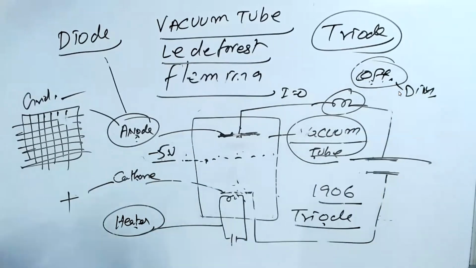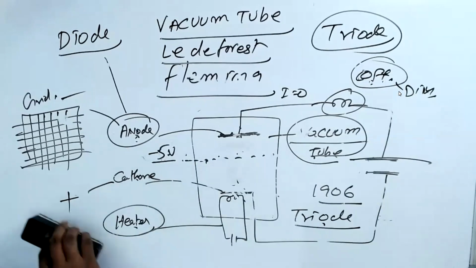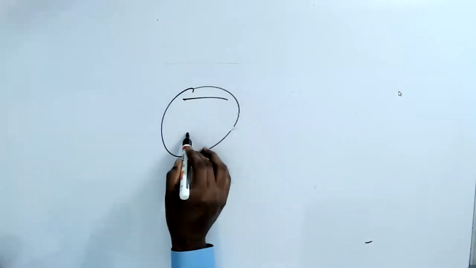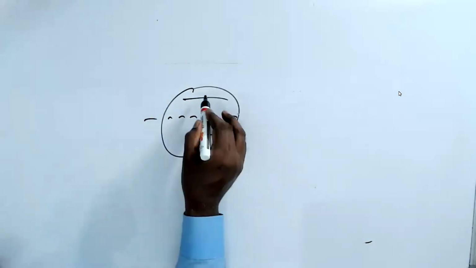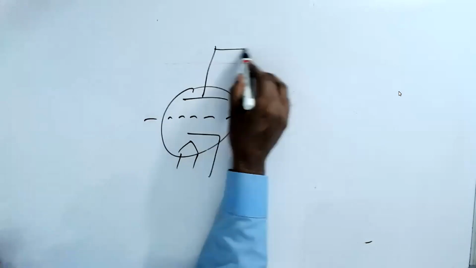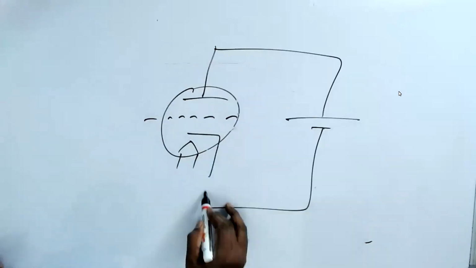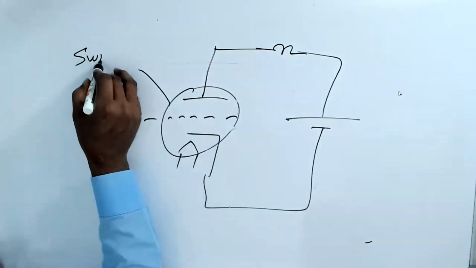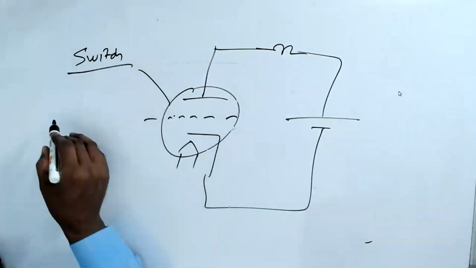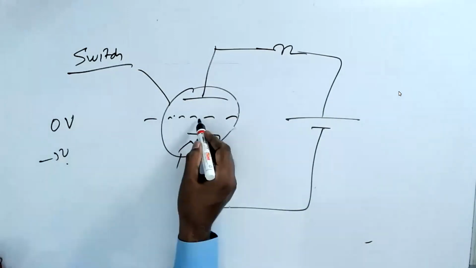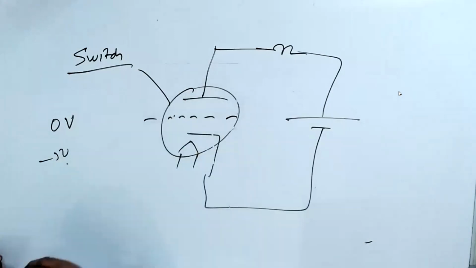So people have found out that this, they put a symbol like this. This can act as a switch. That is, if you give 0 voltage, it is on. If you give minus 5 volt, it is off, because it stops everything.